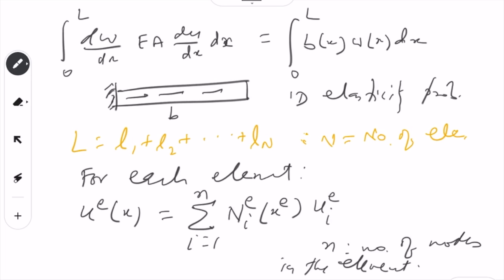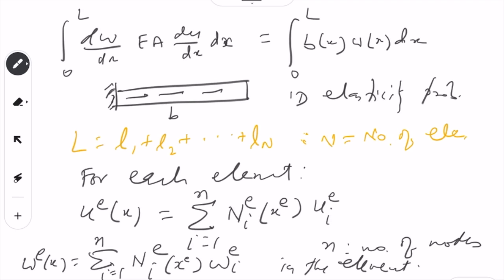We write w the same way: w^e(x) is the summation for i equal to 1 to n of N_i^e(x^e) times w_i^e, where these are the constants at each node.